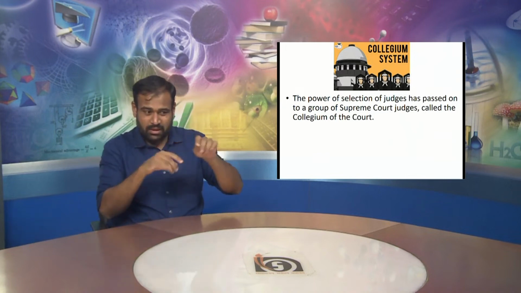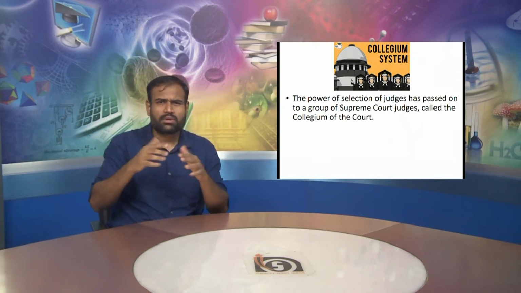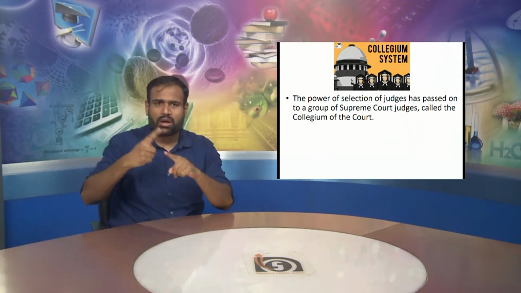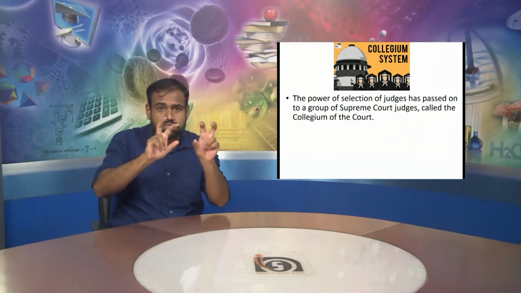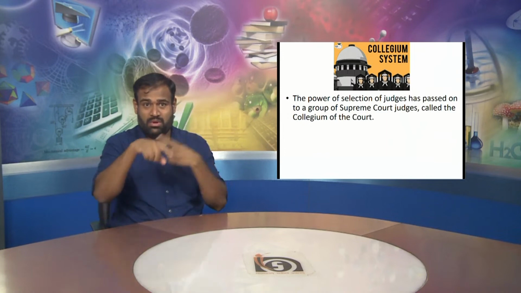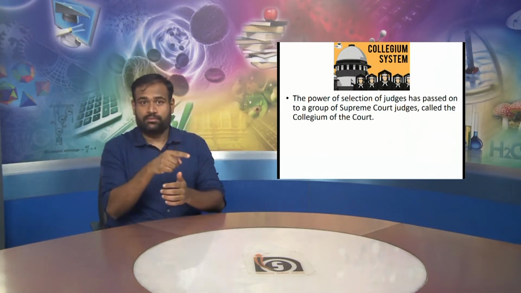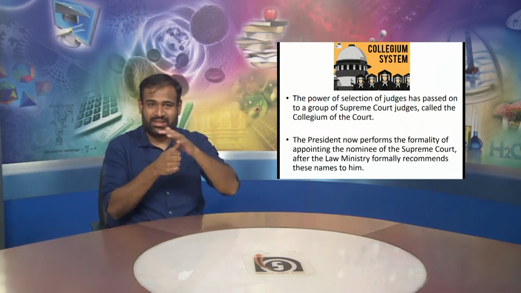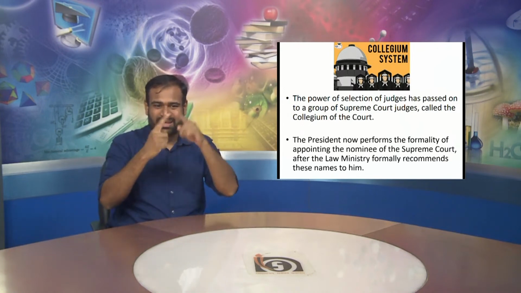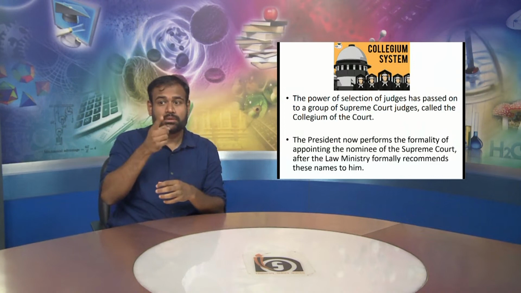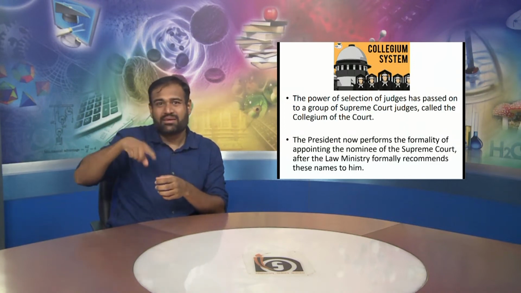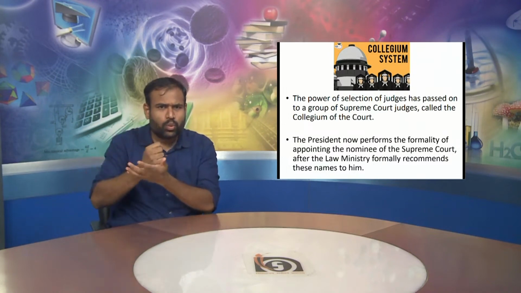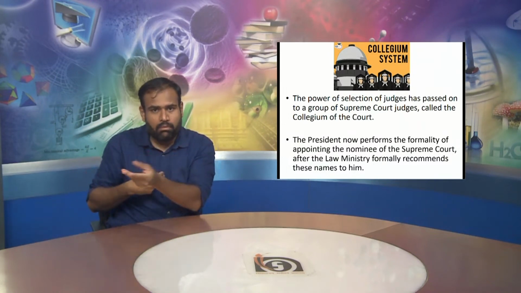The power of selection of judges has passed on to a group of Supreme Court judges called the Collegium of the Court. The President now performs the formality of appointing the nominee of the Supreme Court after the Law Ministry formally recommends these names to him.